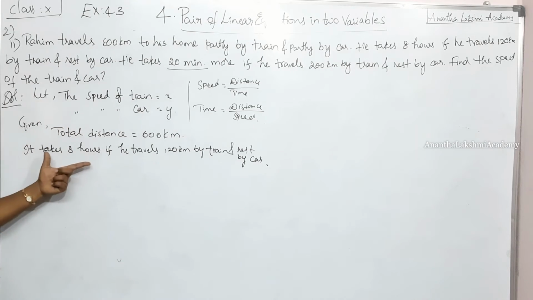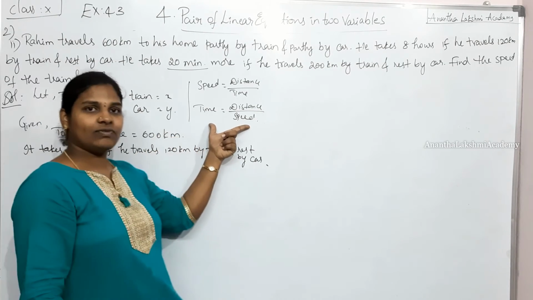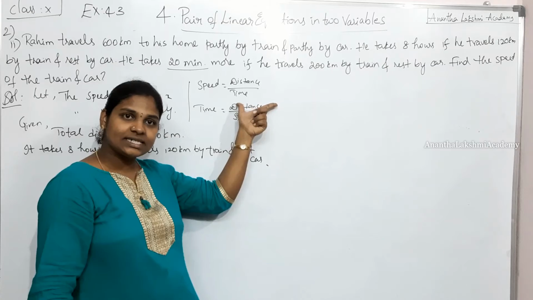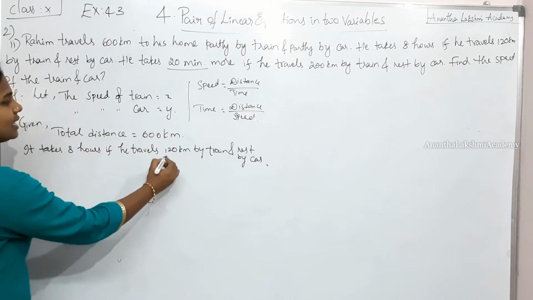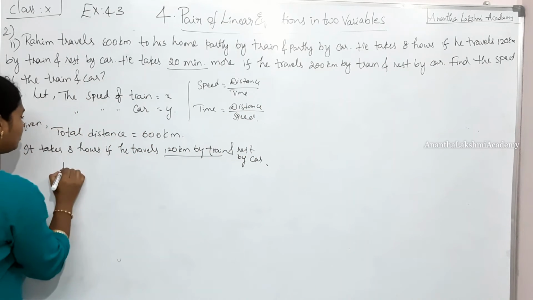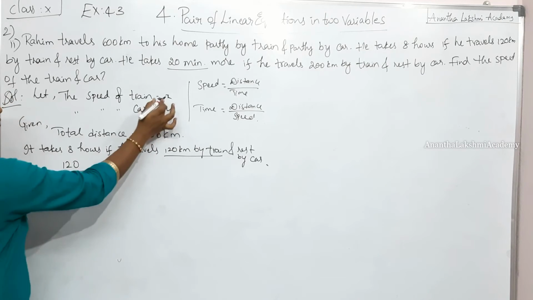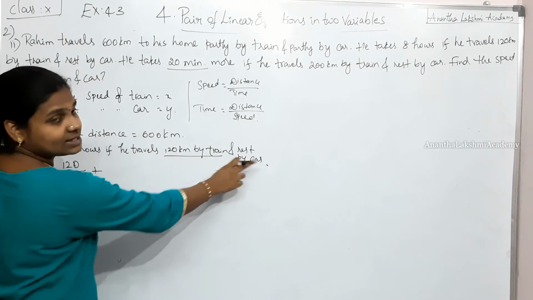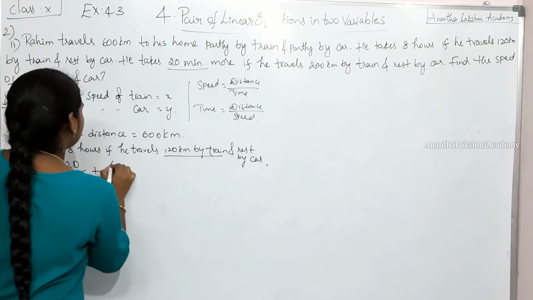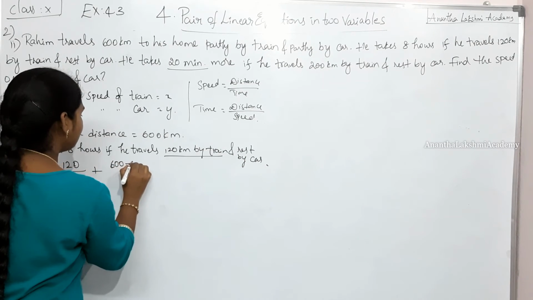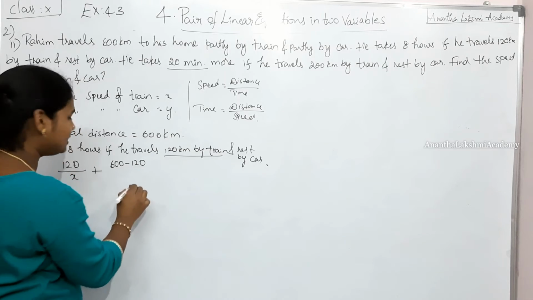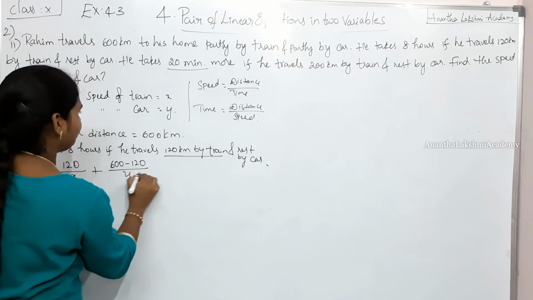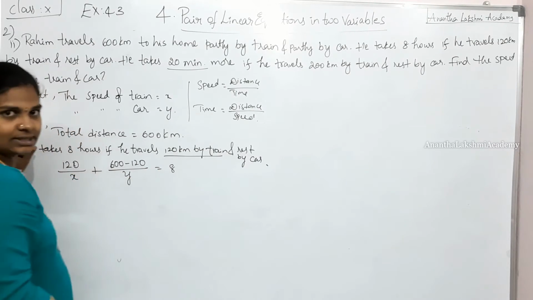So it takes 8 hours, which means we need to figure out time. Time is nothing but distance by speed. What is the distance he has covered by train? 120 kilometers, and the speed of the train is x, plus the rest of the distance covered by car. The rest is 600 minus 120, and the speed is y, that is equal to 8 hours.